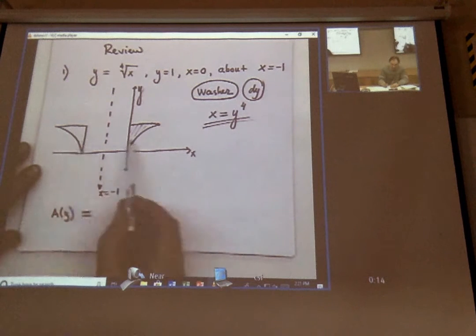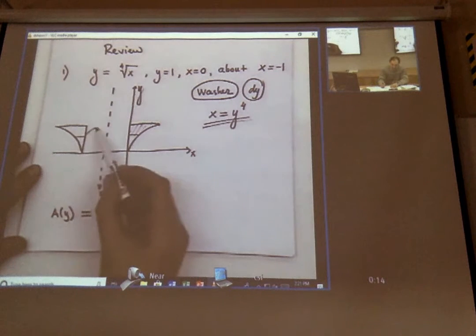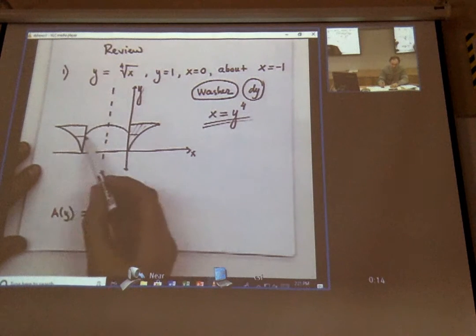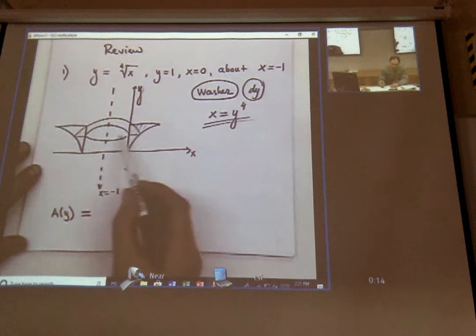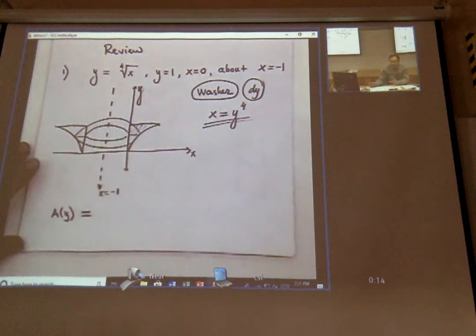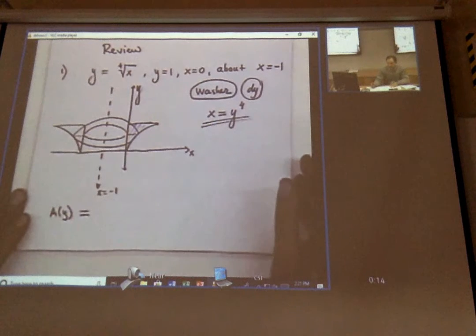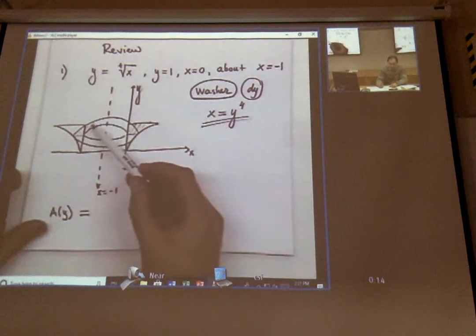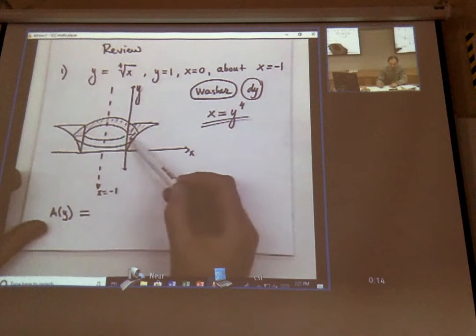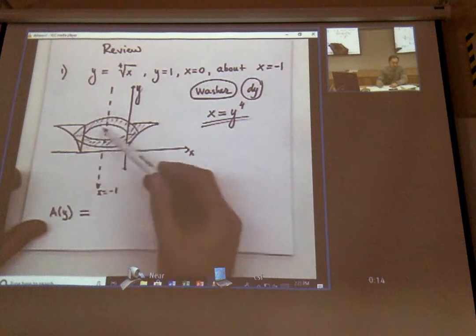So my cross section, if I do this as a rotational piece, I'll have a washer. Now you don't have to do this on the picture. I'm just trying to explain this again to make sure you have no questions here. So this is what I have. And again, one more time, in order to find the area of this washer, I need to find the area of the larger circle minus the area of the smaller, right?